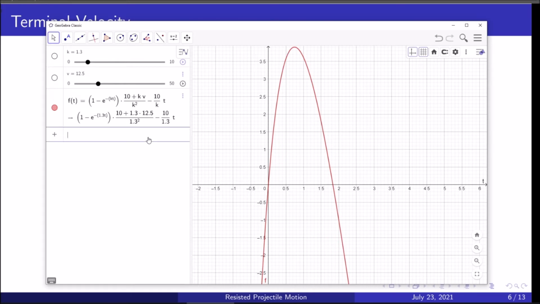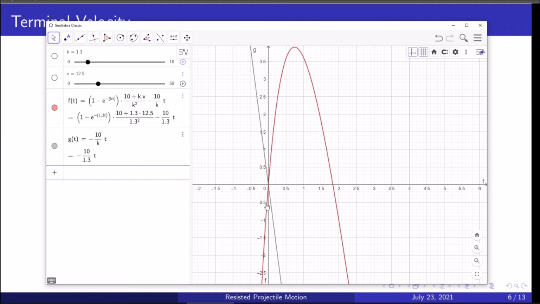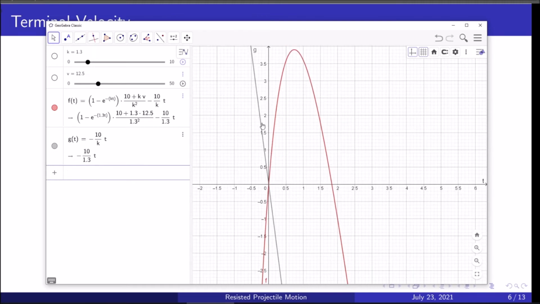So let's use minus 10 over k times t. The gradient of this line gives us the terminal velocity as it varies according to k.